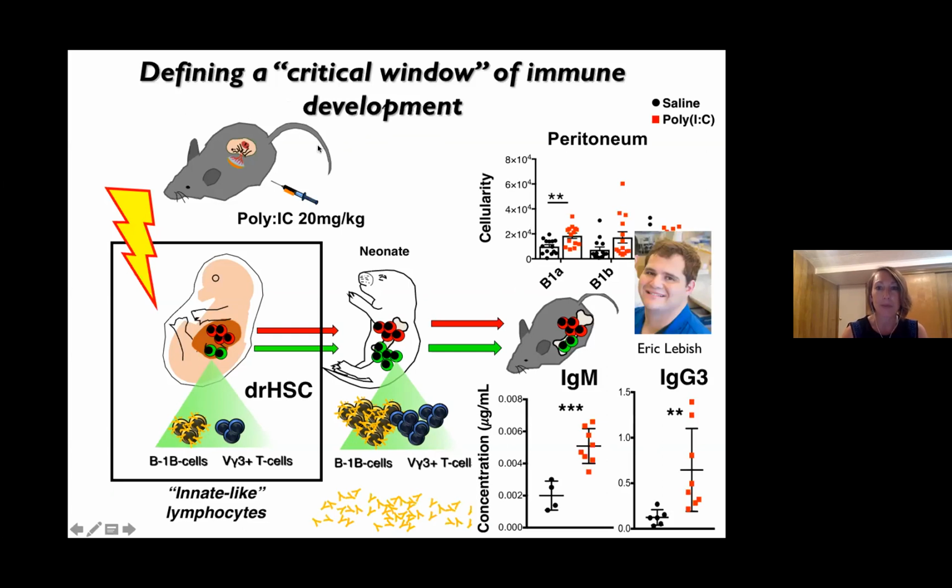So we have this basic proof of principle where we now see that this very early perturbation is expanding our DR-HSC compartment and changing the function of the immune system by changing both the output and function of these innate-like lymphocytes. And so we wanted to step back and determine how this was happening during fetal development.